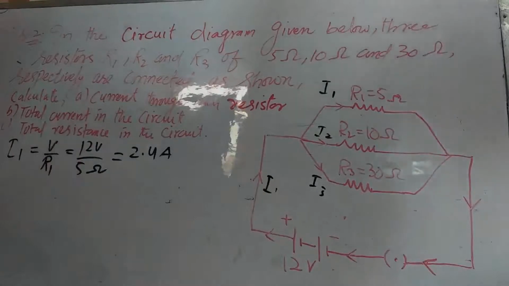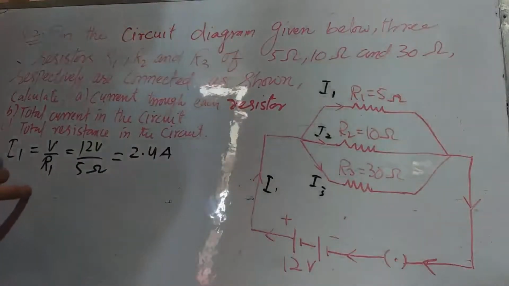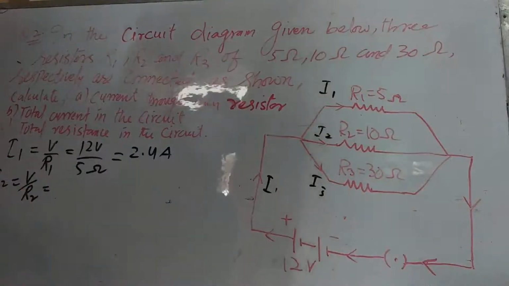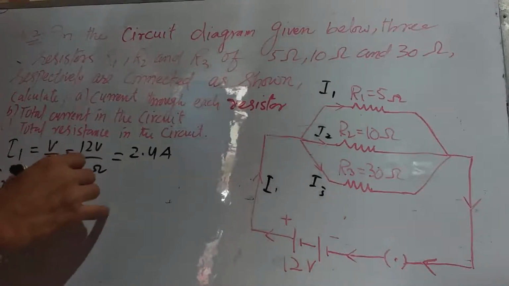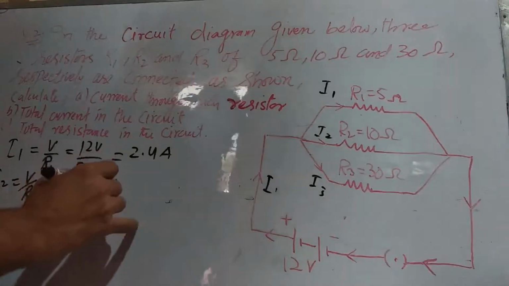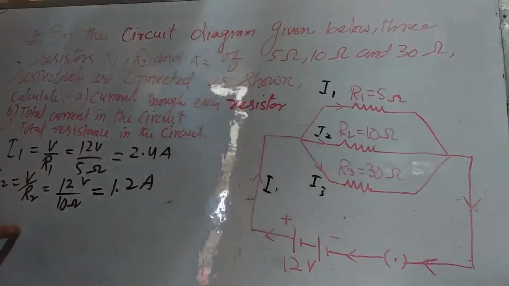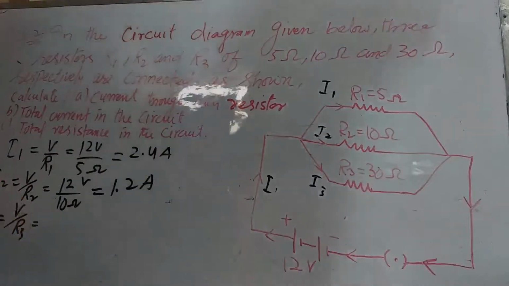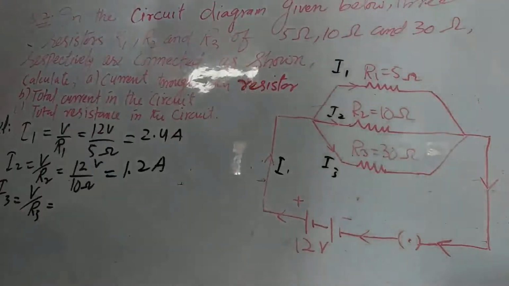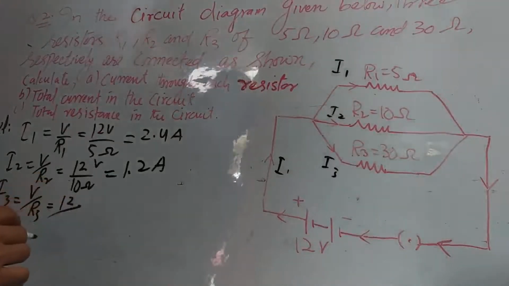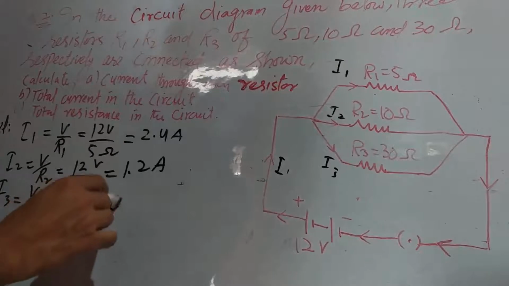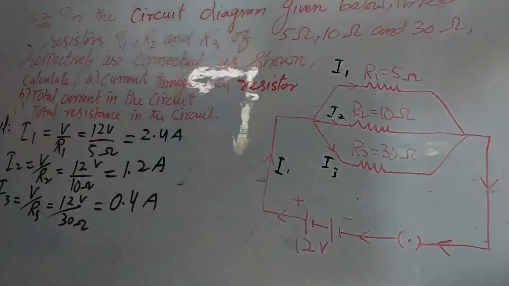So I1 is 2.4 ampere, and similarly I2 is V by R2, which is 12 volt divided by R2, 10 ohm. So 12 by 10 is 1.2 ampere. Similarly, V by R3, 12 divided by 30 is equal to 0.4 ampere.